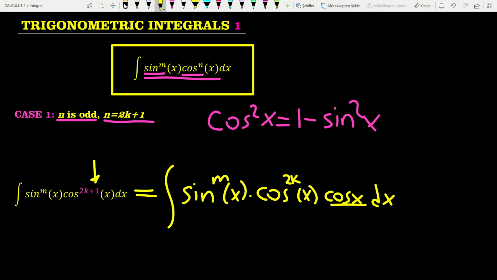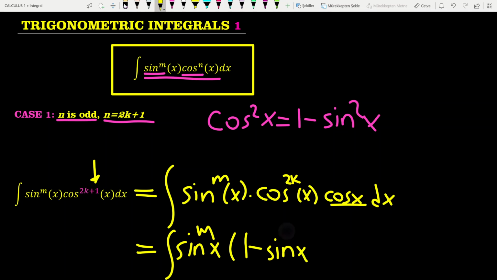Instead of cosine square x, we write 1 minus sine square x. In this case, the function becomes 1 minus sine square x to the power k, and the rest of the function.